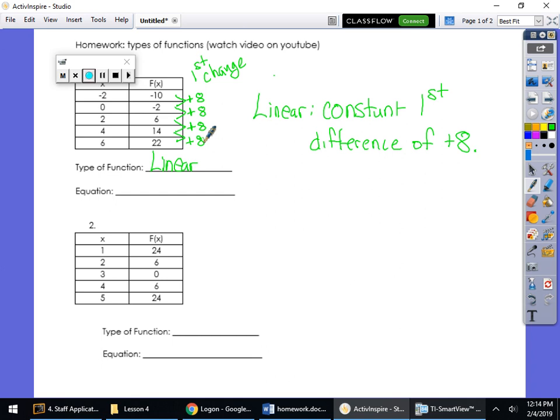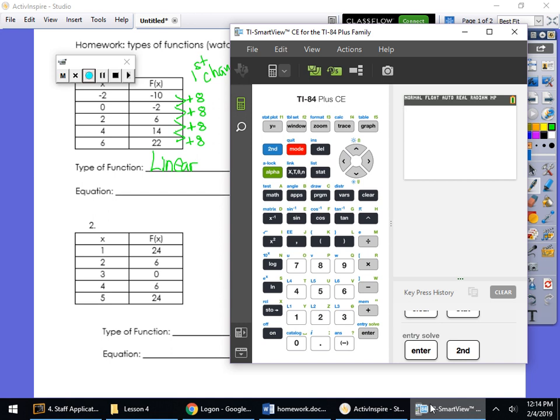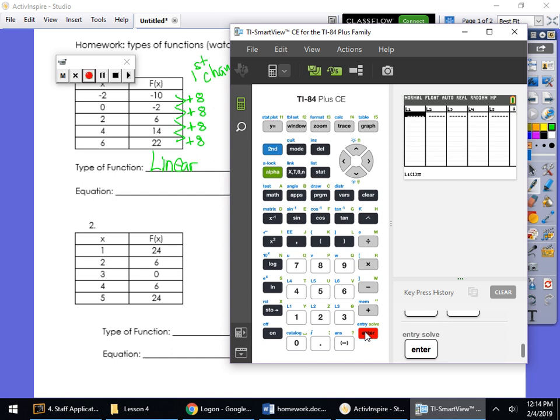To get our equation, we can go in the calculator, and we can go to stat. We want to edit. In List 1, we're going to type in -2, 0, 2, 4, 6, and in list 2, -10, -2, 6, 14, 22, and then stat over to calc.